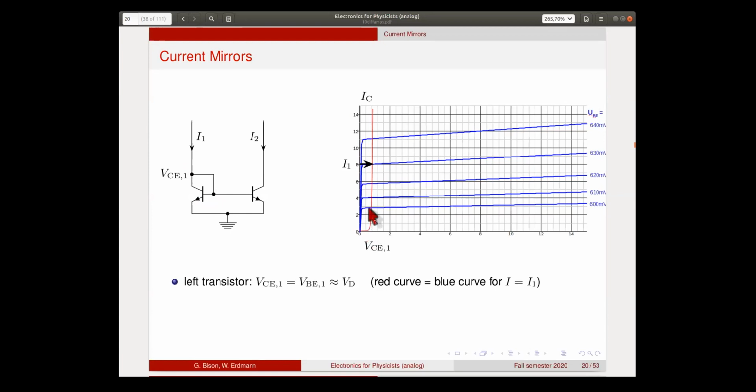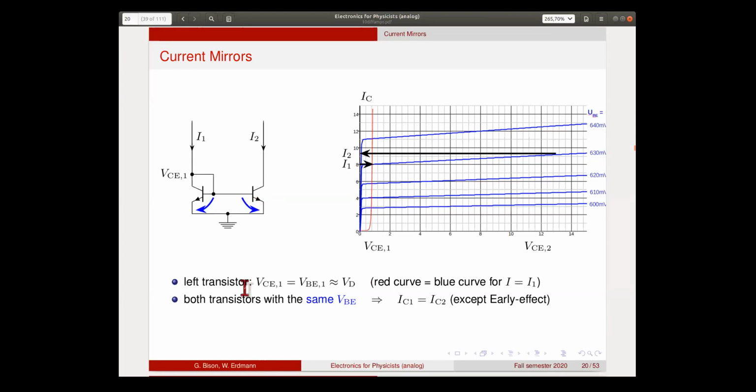So as a function of this voltage, we see this curve on this side. On the other hand, we see this collector emitter voltage here, and we expect these curves, which are relatively flat. So you'll always end up in this region here.